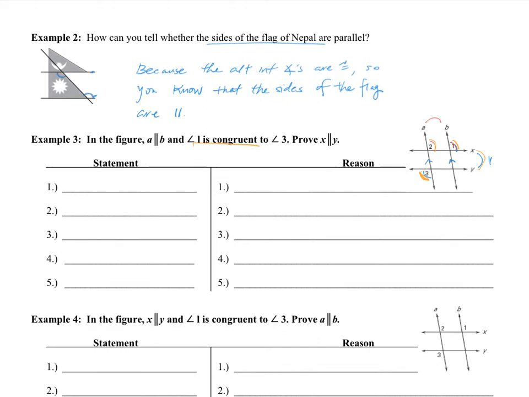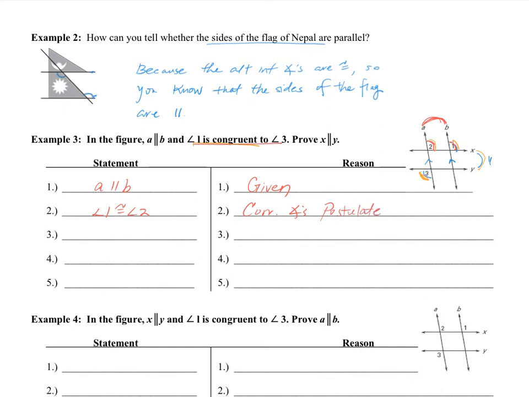So now this is my logic in proving this statement here. So I'm going to write A is parallel to B, given. Angle 1 is congruent to angle 2. Remember I told you earlier, angle 1 is congruent to angle 2 because A and B are parallel. So corresponding angles postulate.